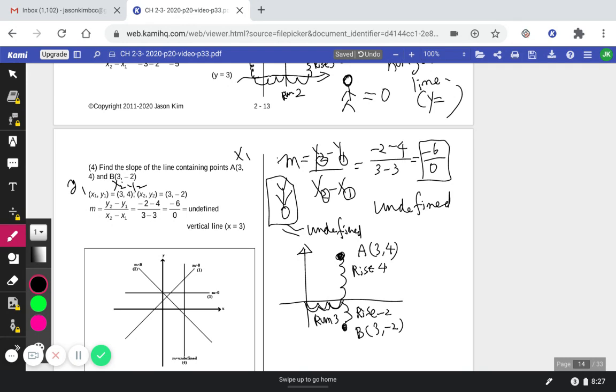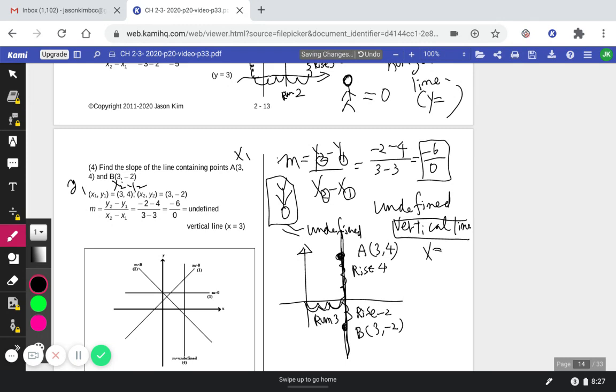Now if I connect these 2 points nice and easy, here is your vertical line. Now whenever you have a vertical line, how do you write an equation? Just in case anybody asks, you make it x equals something.